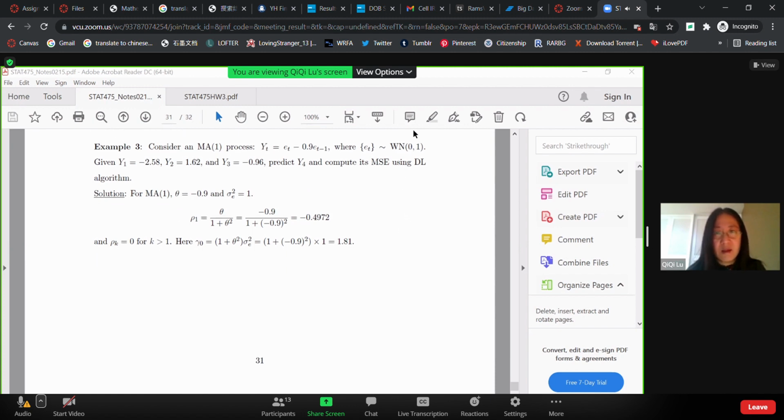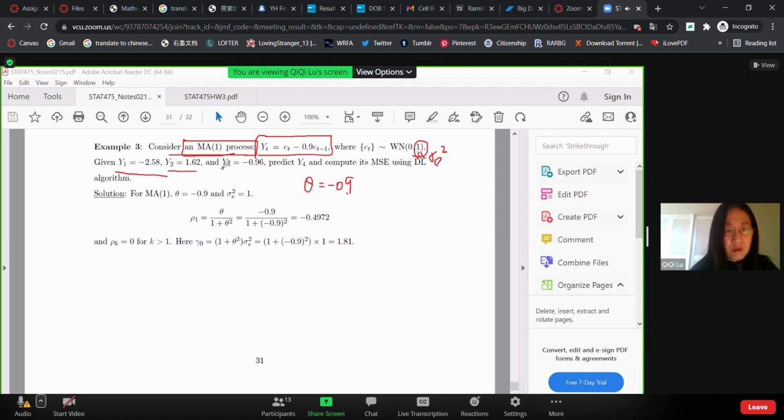In this example, we have an MA(1) process, with theta equals negative 0.9 and sigma e squared equals 1. We have three observations, and we want to predict the next one, y4, and calculate its mean square error.